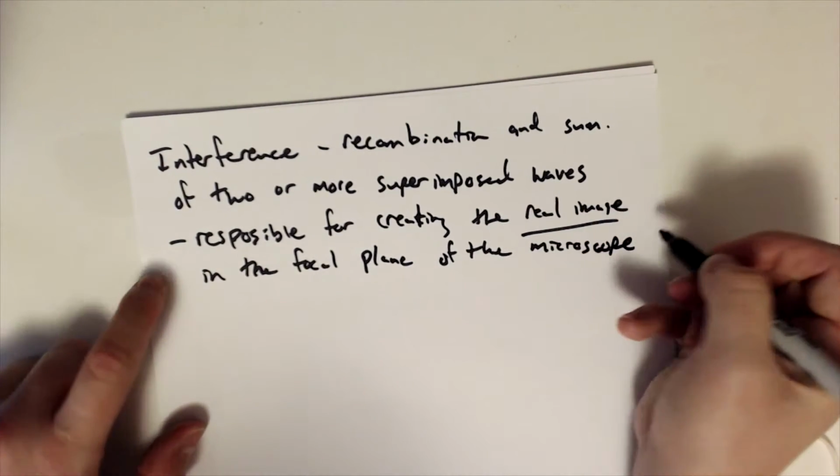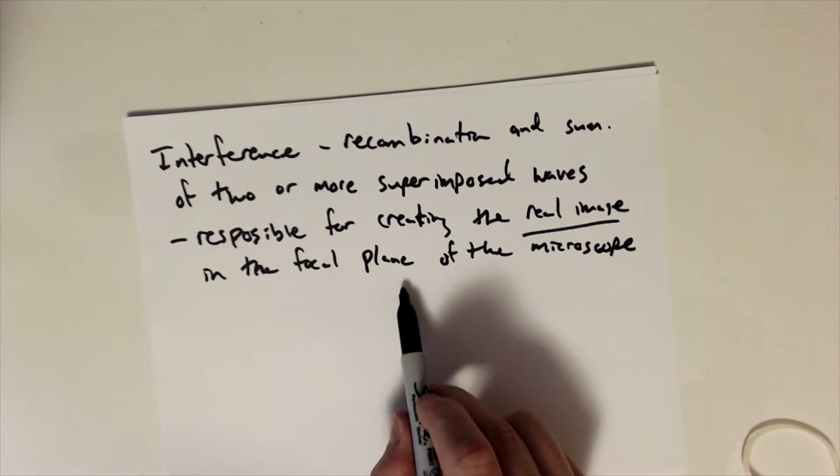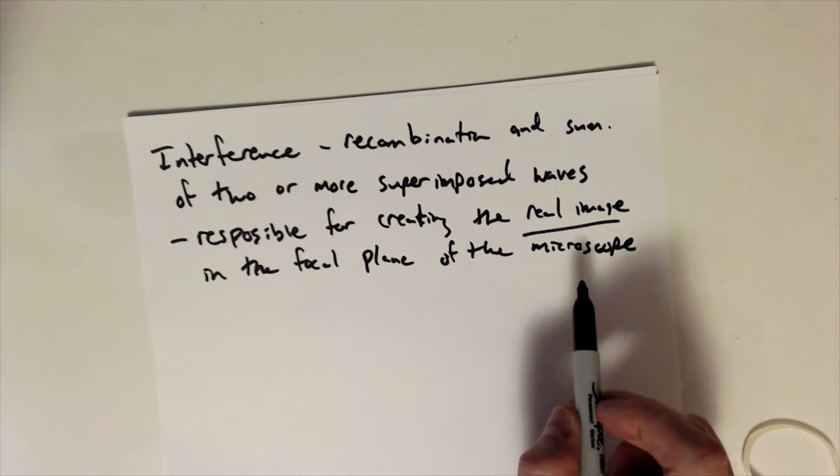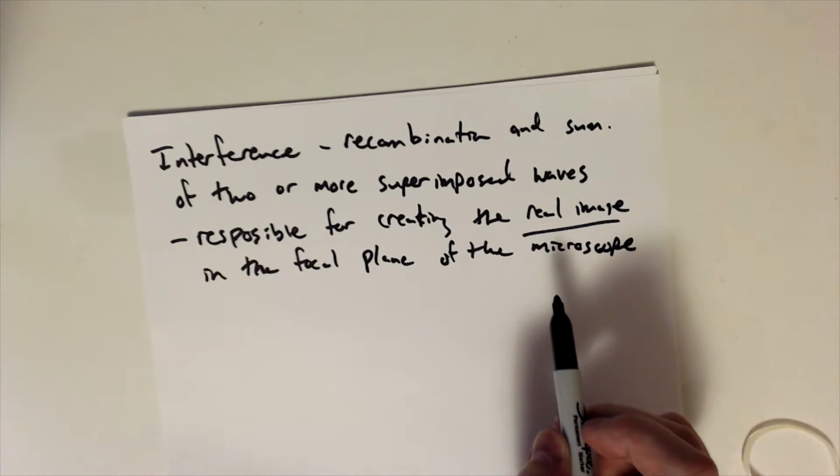That real image produced on the focal plane of the microscope is produced by interference.